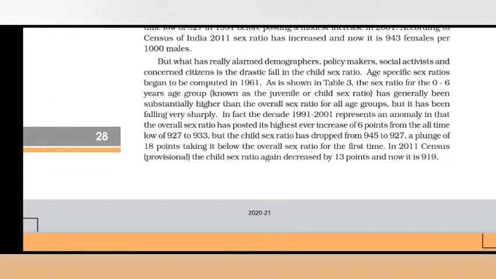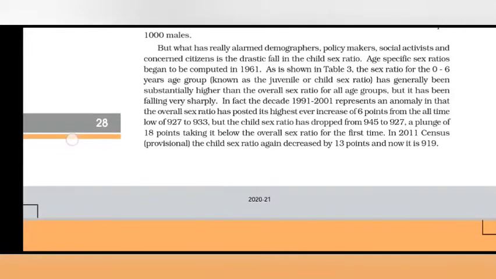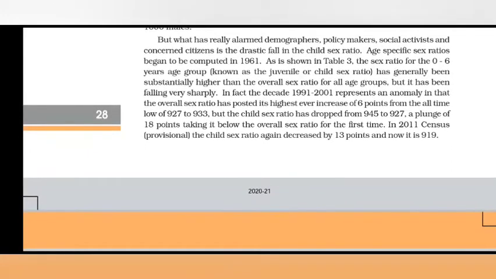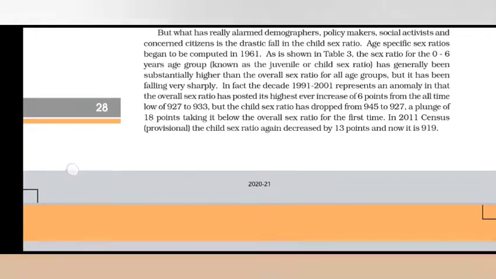But what has really alarmed demographers, policymakers, social activists, and concerned citizens is the drastic fall in the child sex ratio. Age-specific sex ratio began to be computed in 1961. As is shown in Table 3, the sex ratio for the age group 0 to 6, known as the juvenile or child sex ratio, has generally been substantially higher than overall sex ratio for all age groups, but it has been falling very sharply.